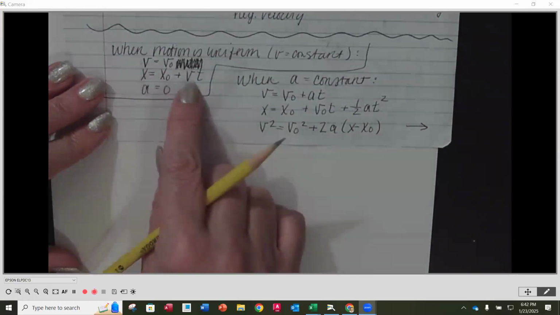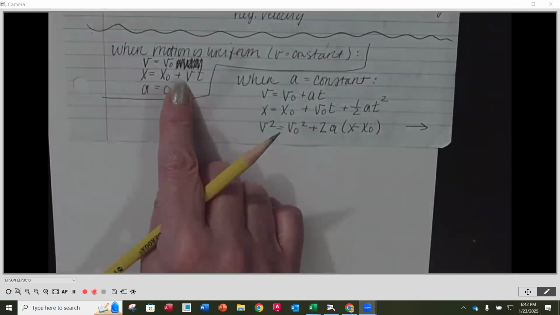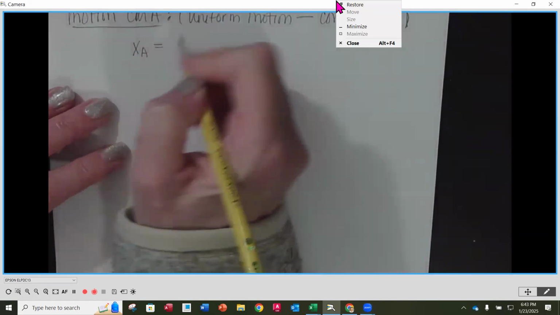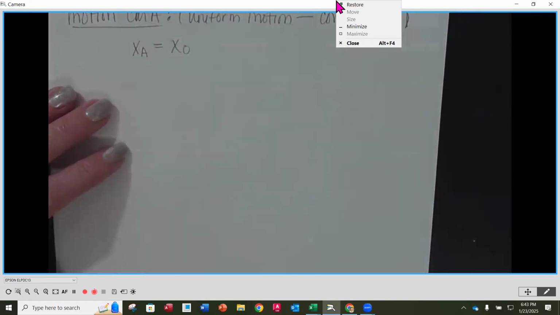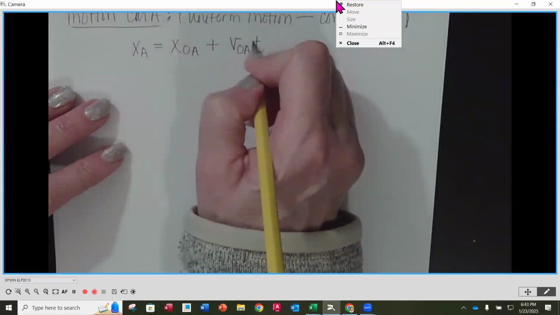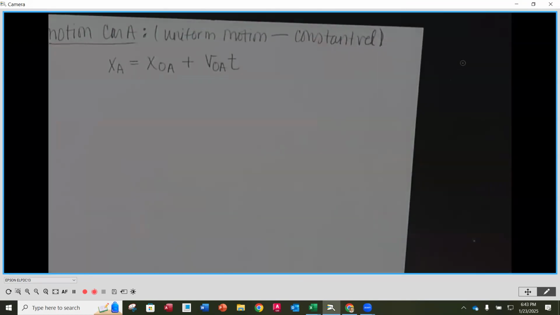Okay, so I want to identify my value of X in terms of time. So we're going to use this one right here. So this is going to be XA. It's going to be equal to the original XA plus the original velocity of A times the time that passes. Now we don't know, see, we're trying to determine what the time is when I get to that 3 mile mark, because we want to know when that happens.